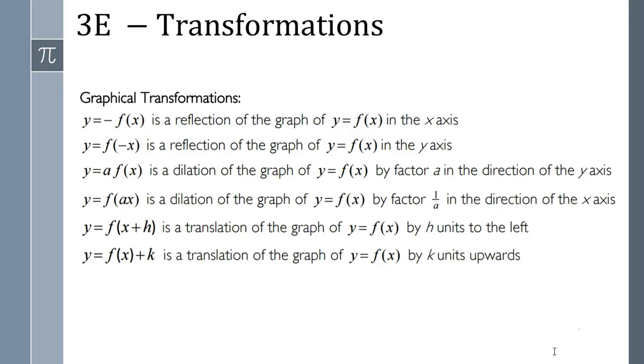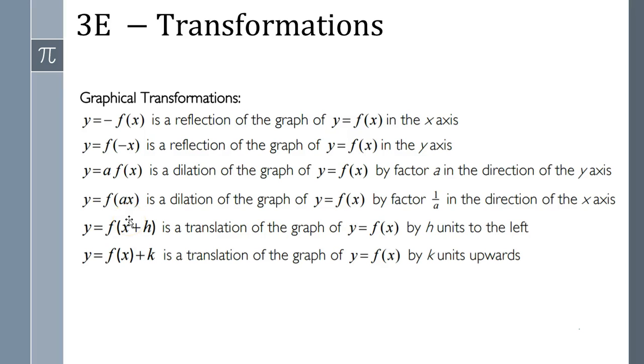So we can recognize these bottom two, these are from the point of inflection. If you've got a plus h in there, okay, you translate the graph h units to the left. So if that was x plus 4, you'd translate the graph 4 units to the left. Okay, if it was -2, translate the graph 2 units to the right. Okay, so if it's negative, it's the opposite.